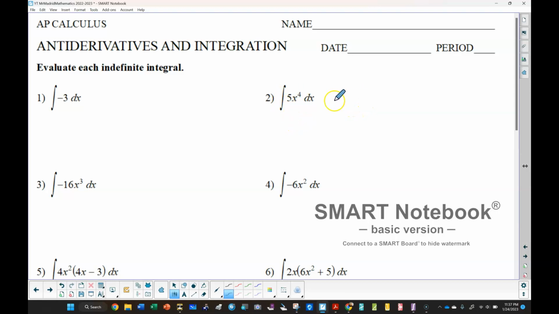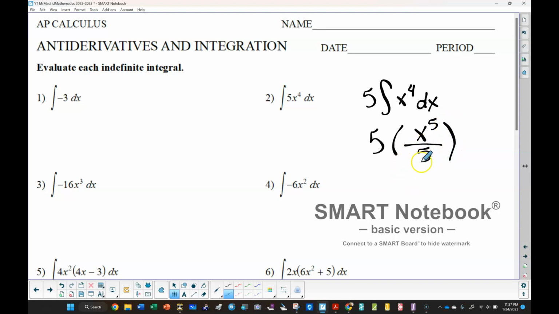In this case, what the book would recommend, preparing you for more sophisticated problems, is for you to separate that constant, very similar to what we did with differentiation. And here we're going to add 1, and now divide by that new exponent.